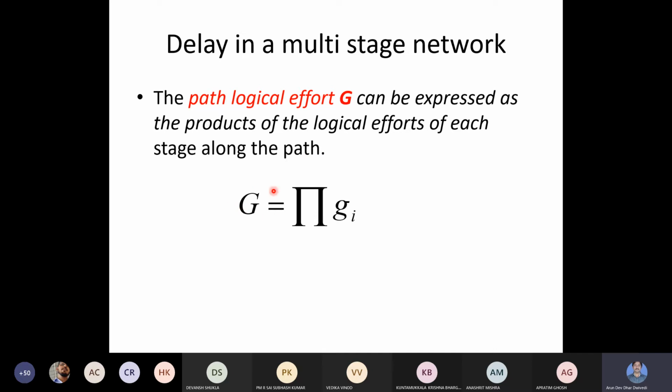So this capital G is the overall logical effort, and this is basically the multiplication of individual stage logical effort, Gi. So Gi is the individual stage logical effort. If there are n stages, G1 up to Gn, all the stages' logical effort should be multiplied. So G1 into G2 into G3 up to Gn, all should be multiplied, then this will give you the path logical effort G.